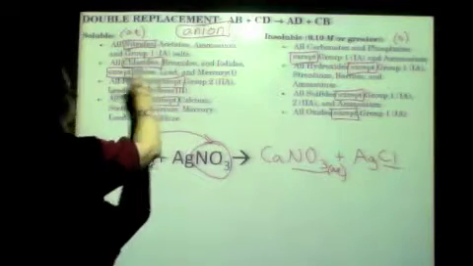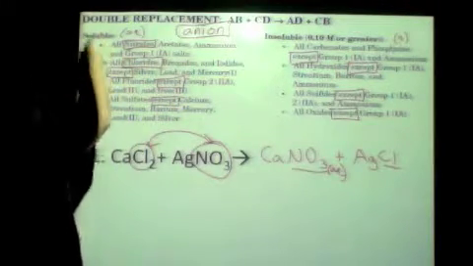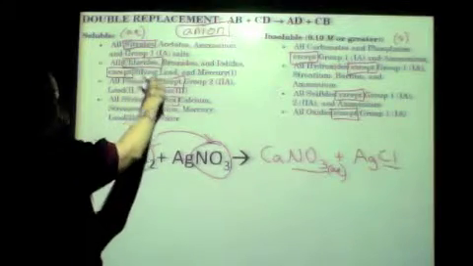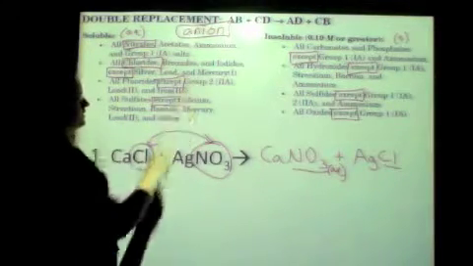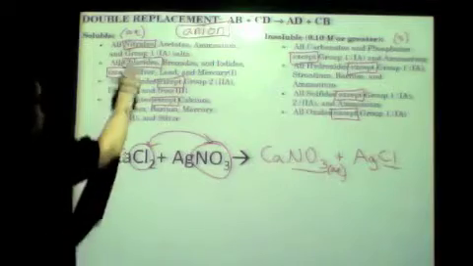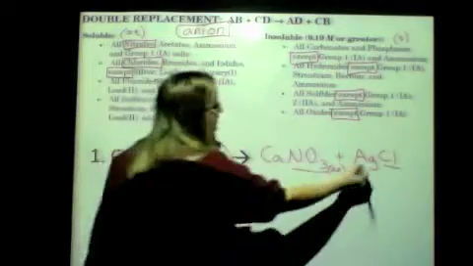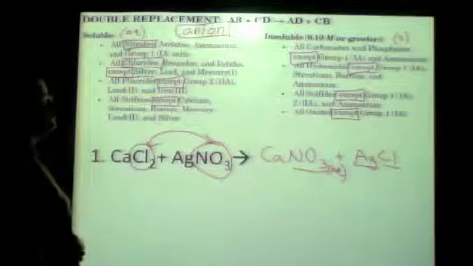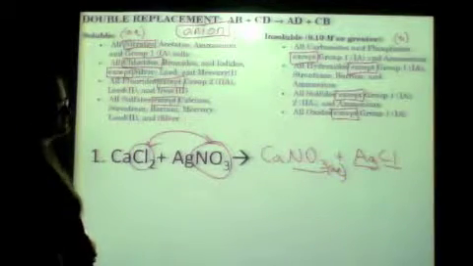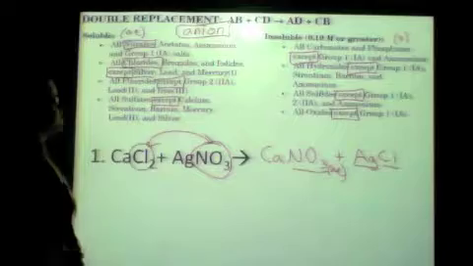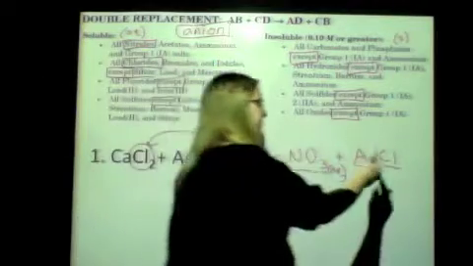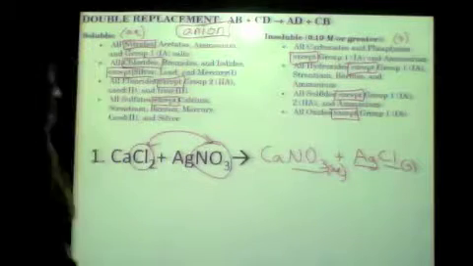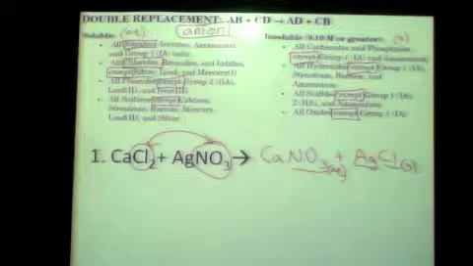So according to these solubility rules, all chlorides, bromides, and iodides are soluble except when bonded with silver, lead, and mercury. So chlorine in this case is bonded with silver. Silver being one of the exceptions. So since silver is one of the exceptions, that means this is a solid.